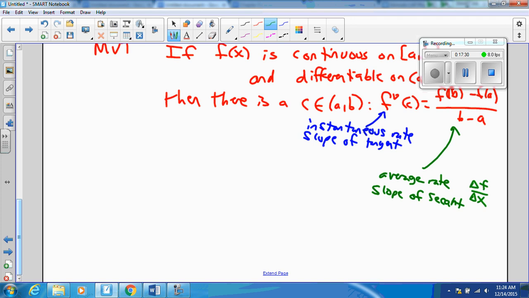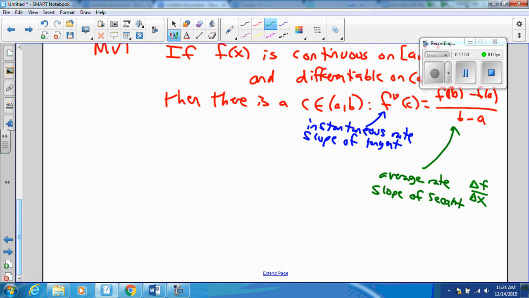So what we're saying effectively is, if f is continuous and differentiable, then there will be a point where the tangent line is parallel to the secant line. And if you can remember that concept, then you can figure out f prime of c equals f of b minus f of a over b minus a.